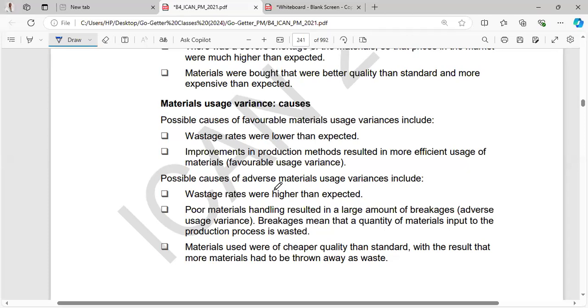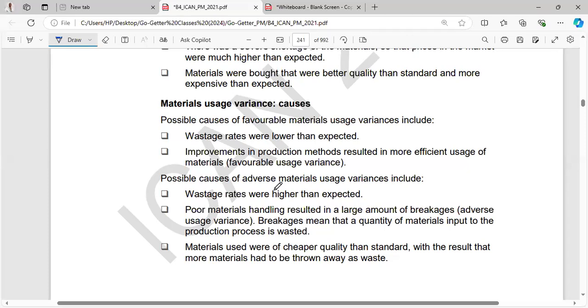If the actual waste became lower than what you were budgeting, of course you will get a favorable usage. Let's say you are producing 100,000 loaves of bread, and you are estimating that 10 cups of flour will be wasted, and it happened that you only wasted 8 out of 10. Then it is a usage variance. That means you save 2 cups.